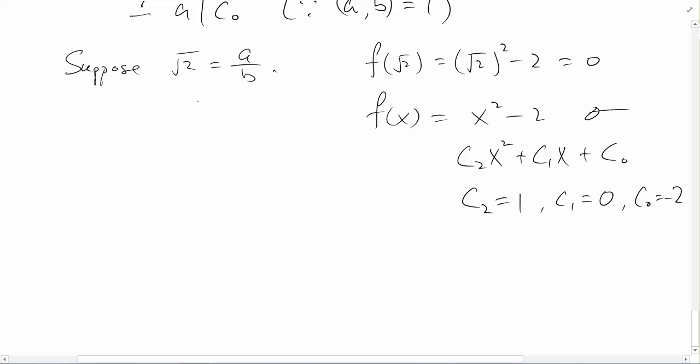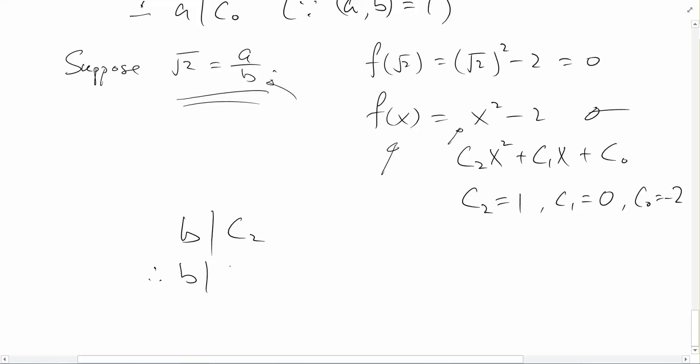If our assumption is correct, that square root 2 is equal to a by b, a rational number, and it is a root of this function, then from the previous result we conclude that b divides C2.